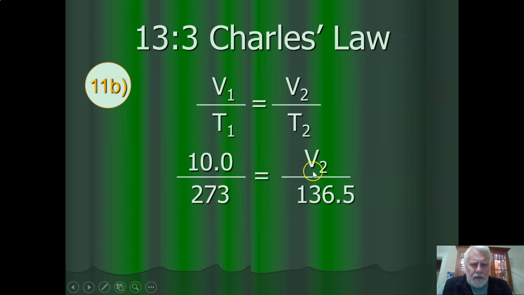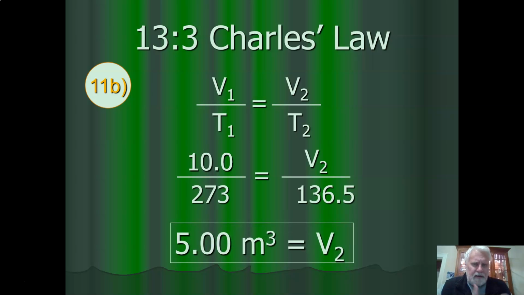Okay, so again, multiply these, divide by the 1 on the opposite end. If you think about this, we're just bringing the 136.5 over here on the top, so you multiply them and then divide by what's on the bottom. Make sure that when you crunch those numbers that you are getting 5, which is what we expected, direct relationship.